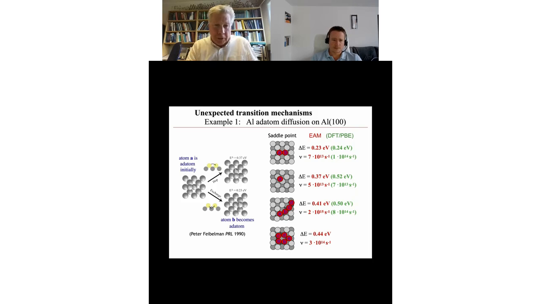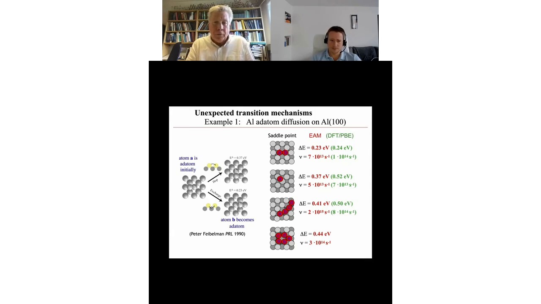But in the exchange mechanism, it's atom B that ends up being in the final state. So these final states are different because we have to label the atoms and enumerate them 1, 2, 3, 4, and so forth. So if you do an NEB calculation and assume that it's going to hop, the simpler mechanism, you will just get the hopping mechanism.